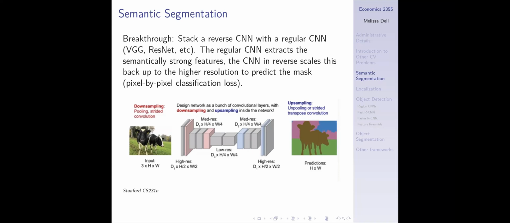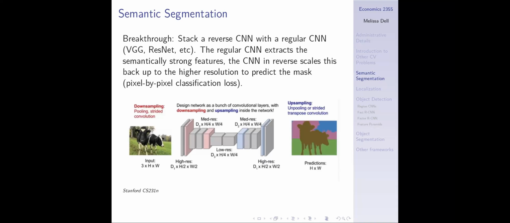And so at the end of, say, VGG, your spatial resolution, the width and height, are much smaller than the original image, but you have these layers that are very semantically rich that we use to do things like classification.